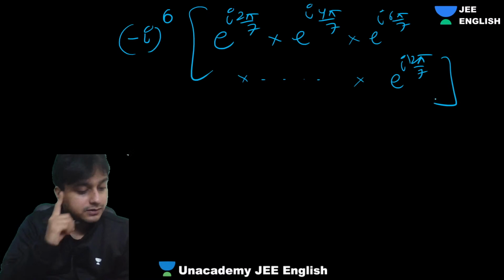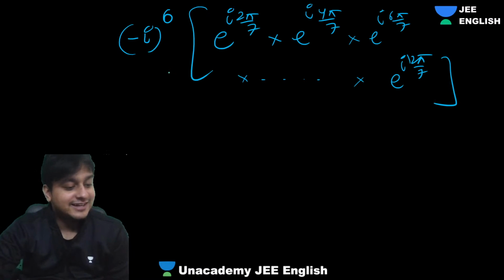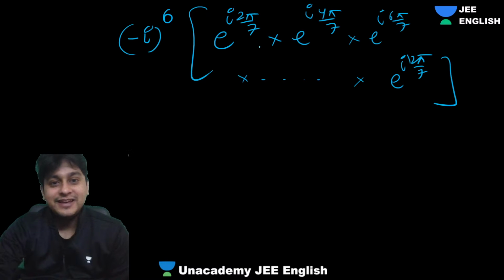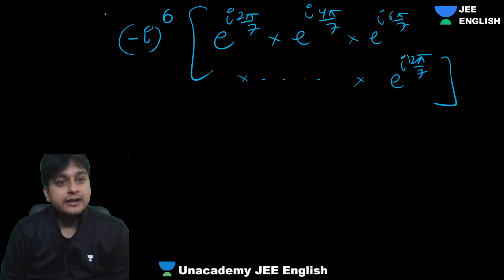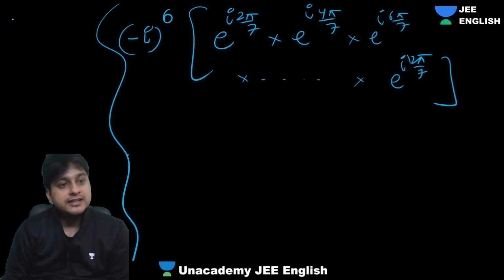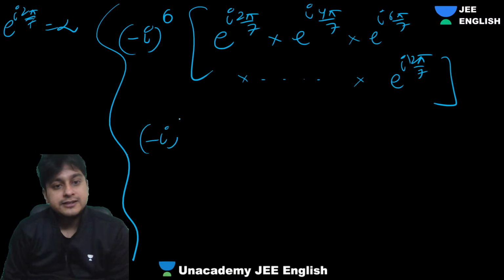Now Shivani, your answer is correct, I think. Okay guys, so we have this thing over here. This is a GP, I told you already, guys. Let's put e^(i2π/7) as alpha. So this will be minus i power 6 into alpha power 1, alpha power 2, up to alpha power 6.